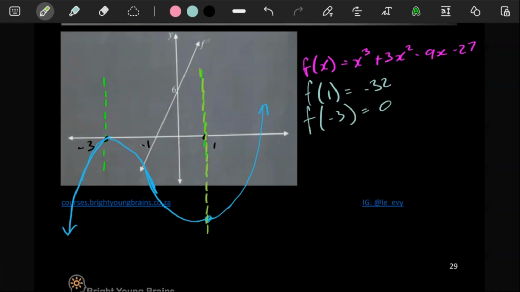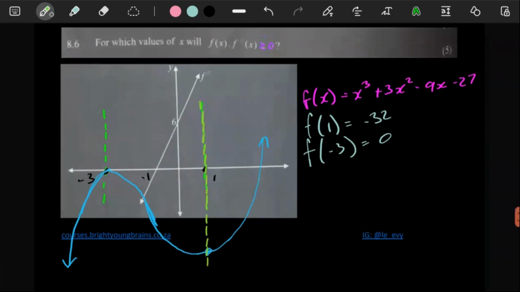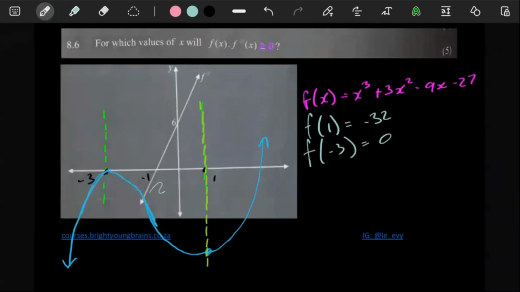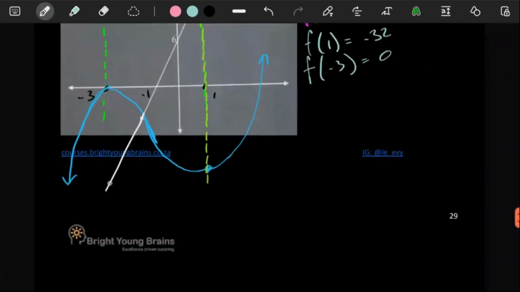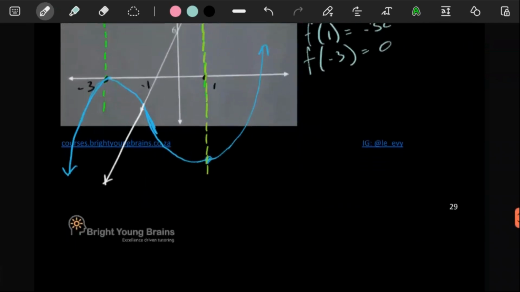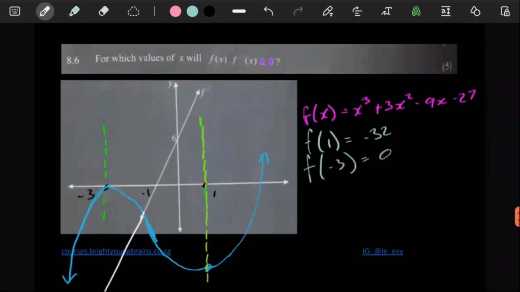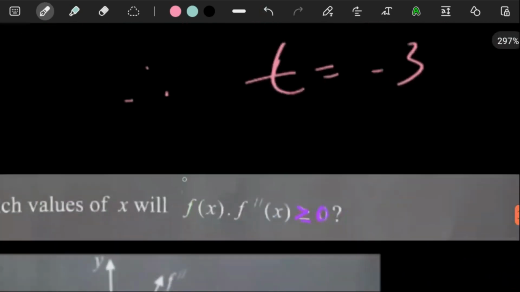Now, with that being said, if we extend our straight line here, it's going to help us answer our question better. So our straight line goes like this all the way down, just like this is fine, because what actually matters is positive y values and all that. So this is representing y values of f, and this is representing y values of the second derivative.